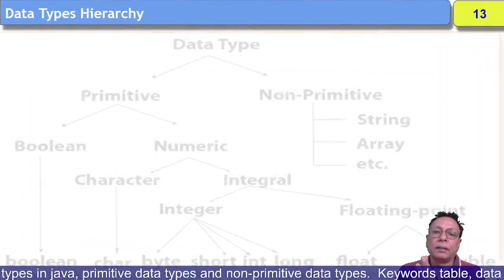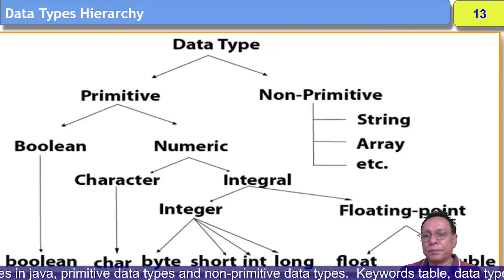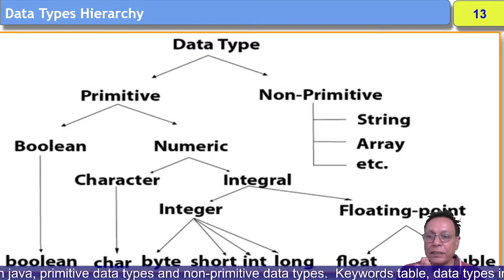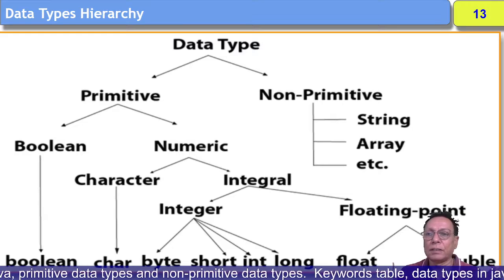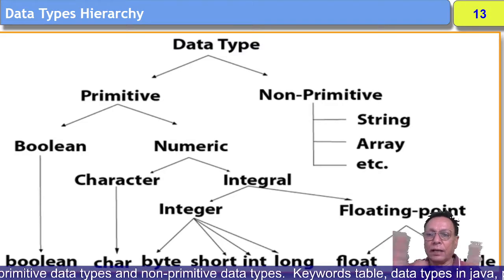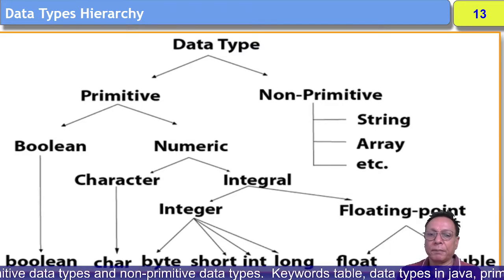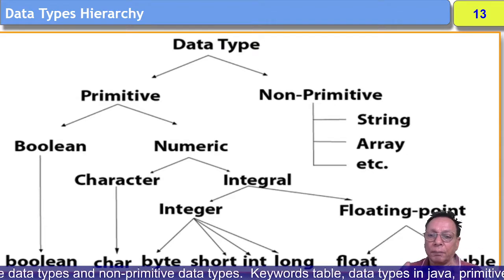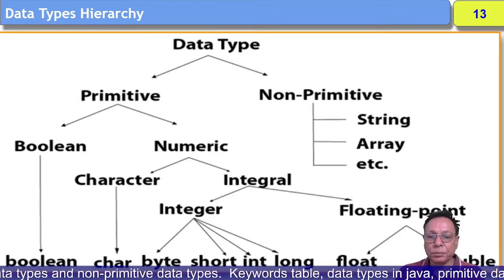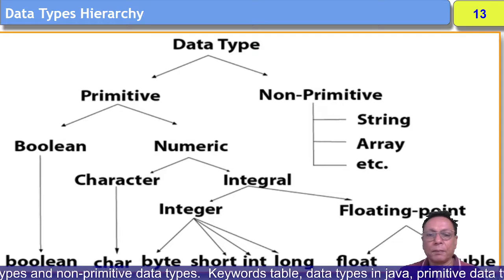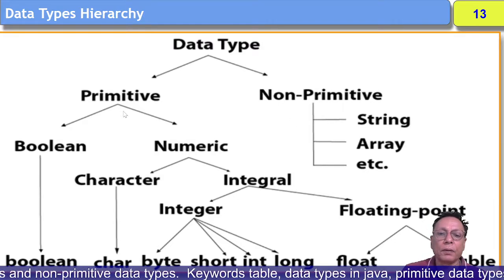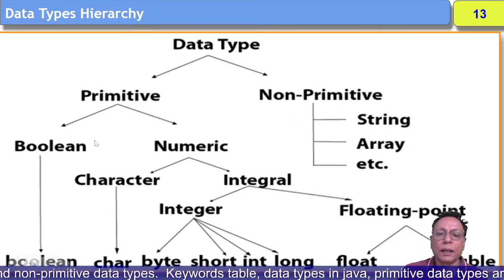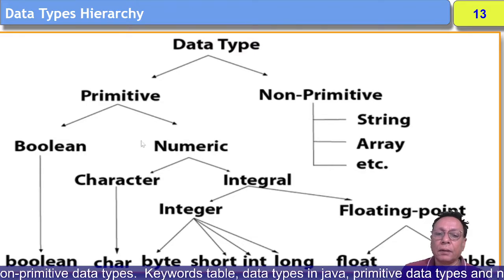So here there is the hierarchy of data types. Data type is divided into two parts: primitive data type and non-primitive data type. Primitive data type is divided into two, Boolean and numeric. What is Boolean?